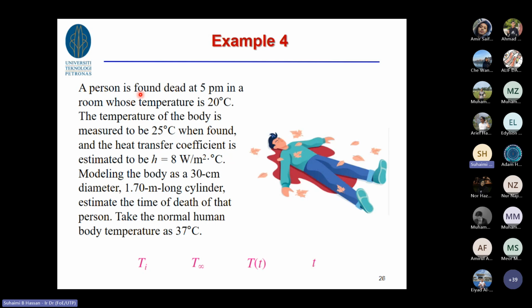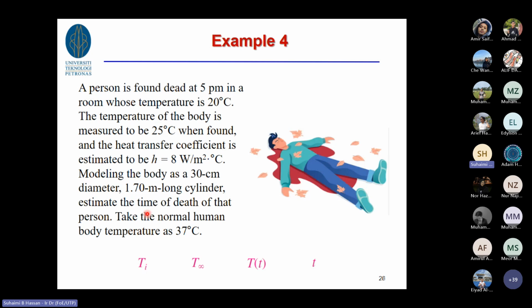A person is found dead at 5 p.m. in a room where the temperature is 20. The temperature of the body is 25 when found, and the heat transfer coefficient estimated in that room is 8 watt per meter square degree C. This is a modeling. So modeling the body as a 30 centimeter diameter, 1.7 meter long cylinder, estimate the time of death of that person.